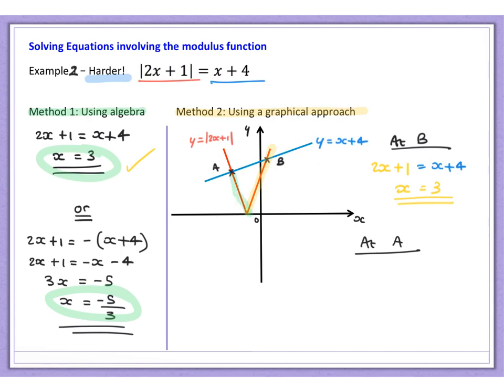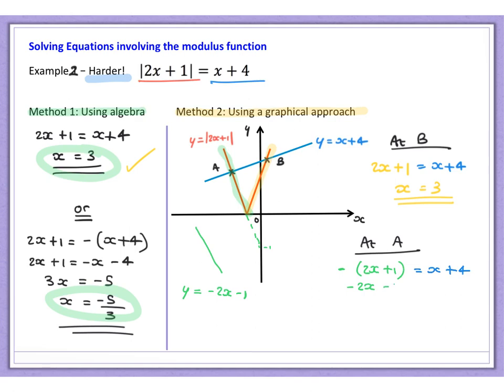Now at point A, however, we're looking at this portion of the graph, which is the graph of y equals negative 2x plus 1. And again, if I expand that, that's the graph of y equals negative 2x minus 1. Again, imagine that portion tracking back. You can see its y-intercept of negative 1, and you can see its negative gradient as well, gradient of negative 2. That is equal to the graph of y equals x plus 4 at the point A, because there's an intersection, and we can then solve this equation.